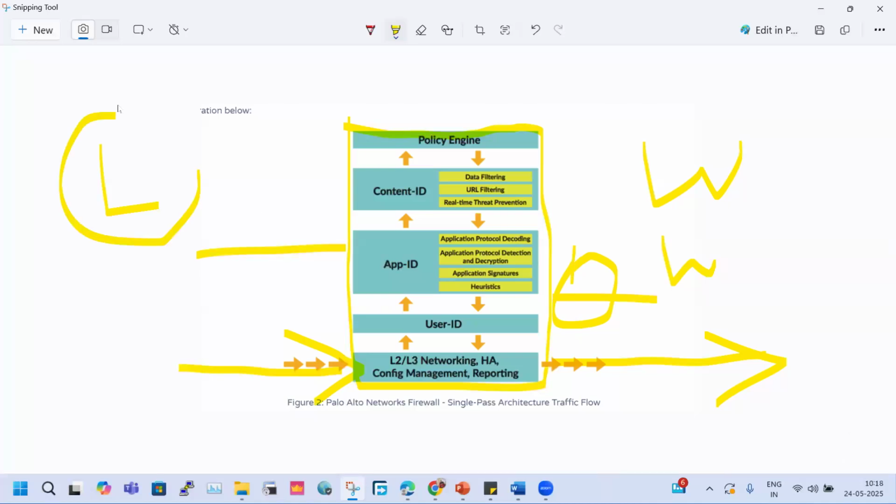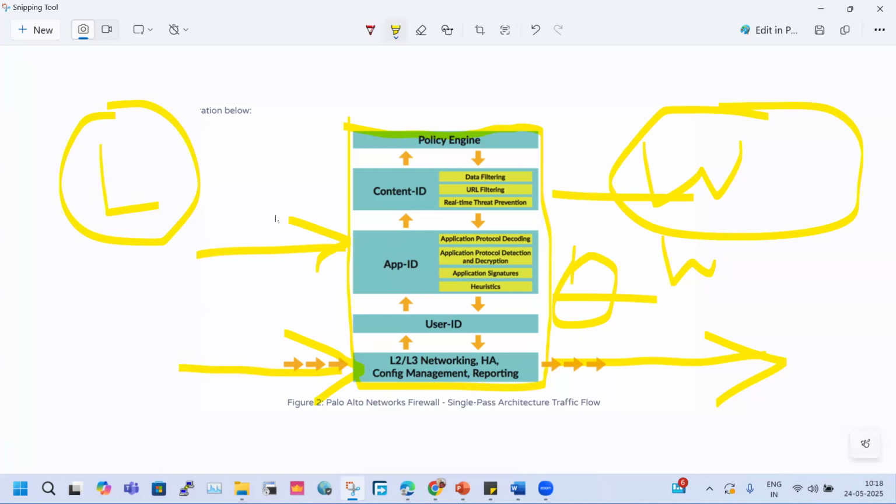Suppose my traffic is going from LAN to WAN. It will be received on this interface, so it becomes the ingress, and it will be forwarded to WAN, so that becomes the egress.